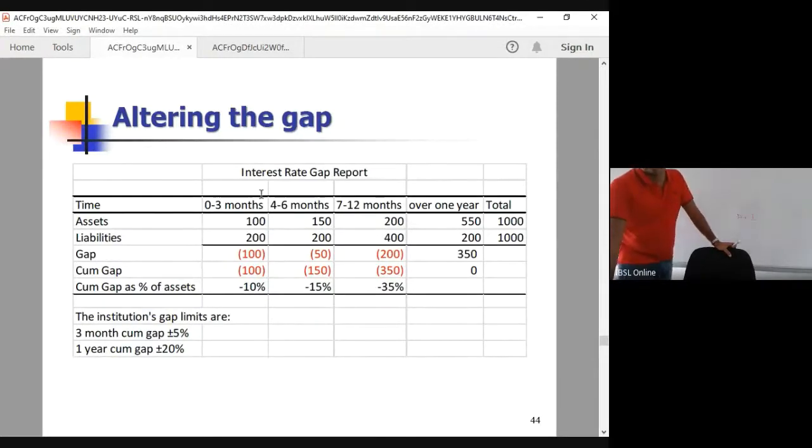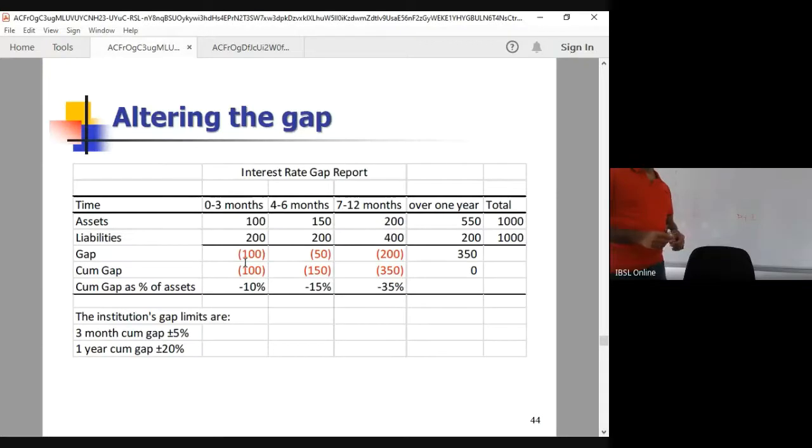So in the first row, you can see in the 3-month bucket, you have 100 assets and you have 200 liabilities. So you're negatively gapped by 100. Cumulatively also it is 100 because you're starting from there. Now, if you look at that against your total assets, you have a 10% negative gap.